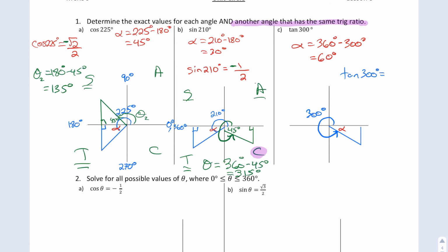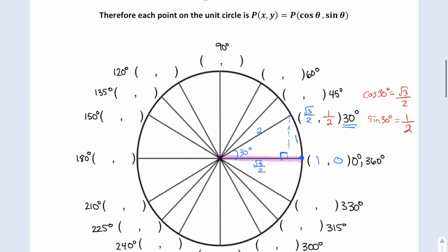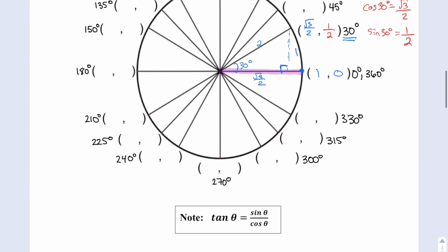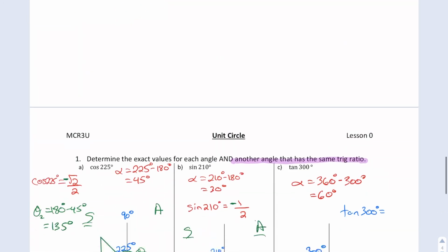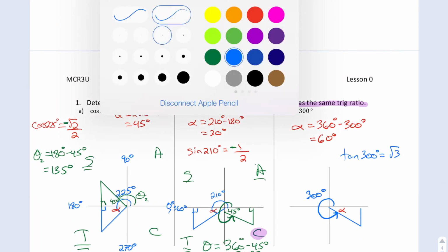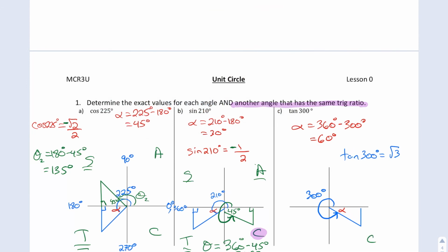Again, if you need to, you can go back up, but opposite of 60 is going to be, let's see here. Here's my 60, so tan is opposite over adjacent, so I get root 3 over 1. So it's just root 3. And then I decide, is it positive or negative? In this case, it's going to be negative because tan is negative in that quadrant.